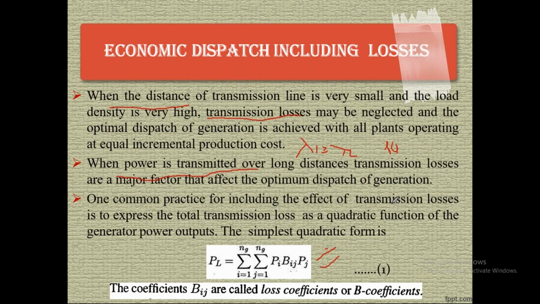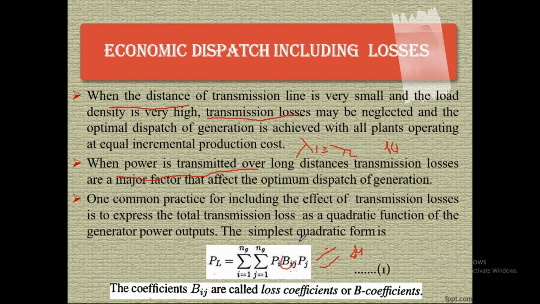Now in this equation, the Bij is called the loss coefficient or B coefficient. It is very important for 2 marks: write down the equation of the loss formula and mention what parameters are used in it. Here Pi is the power generation of the ith plant, Pj is the power generation of the jth plant, and Bij is the loss coefficient with respect to both.